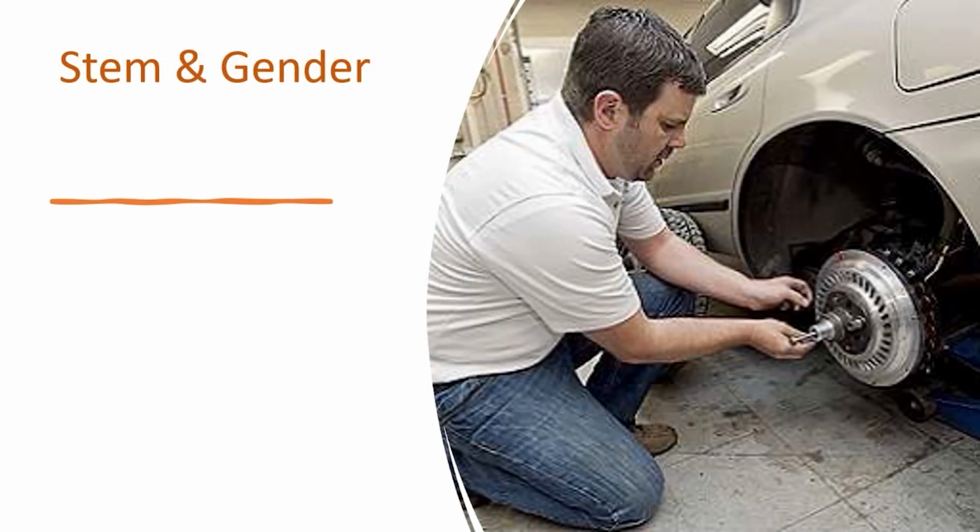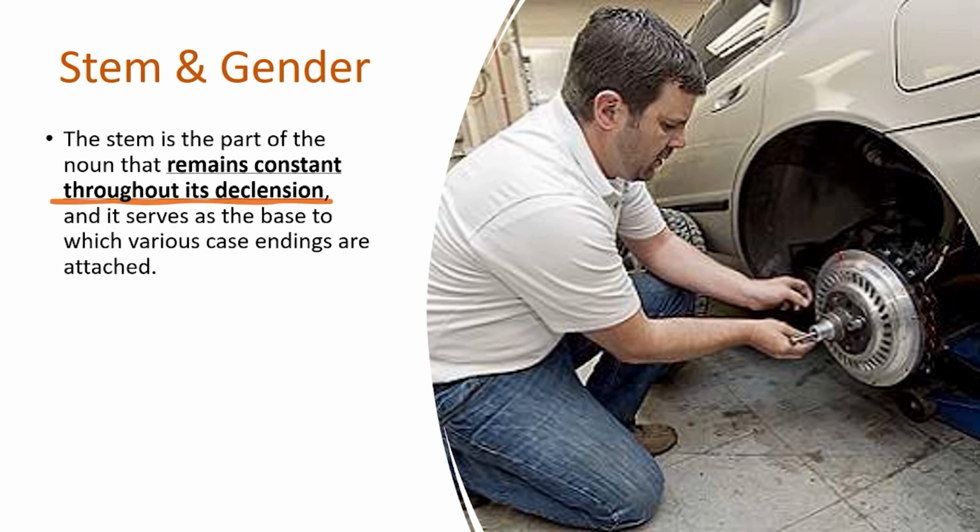Before we dive deep into the declensions, let me introduce you to a very important concept of stem and gender in Latin. The stem is a part of a noun that remains constant throughout its declension. What do we mean by that? The stem is a part of a noun, and it remains constant.